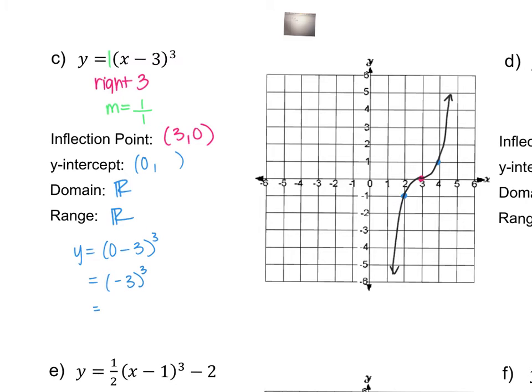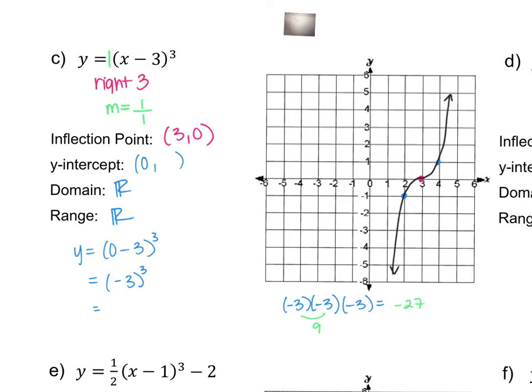If I have negative 3 to the third power, I can use my calculator. Or if I do this by hand, negative 3 times negative 3 times negative 3. I just write it out 3 times. Negative 3 times negative 3 is positive 9. If I multiply that by a negative 3 again, this would give me negative 27.